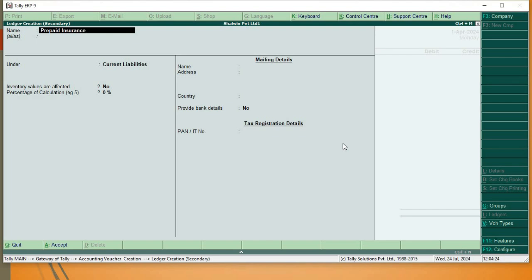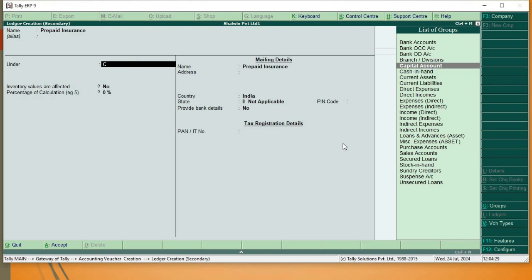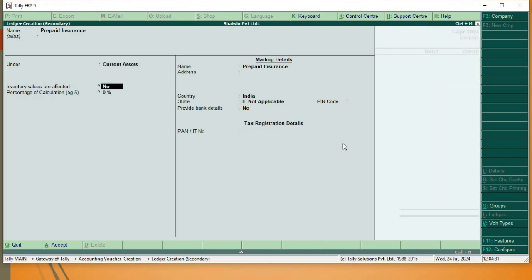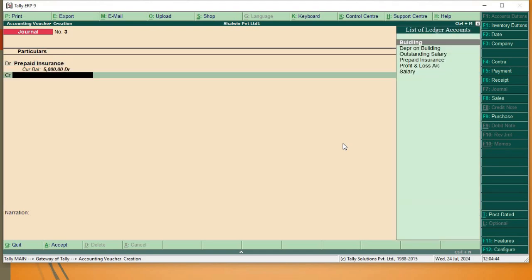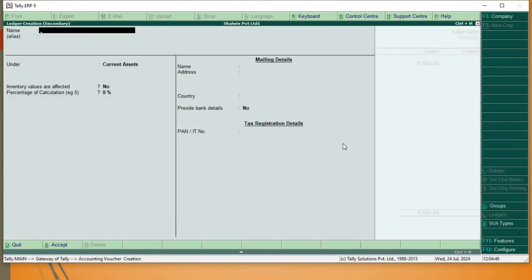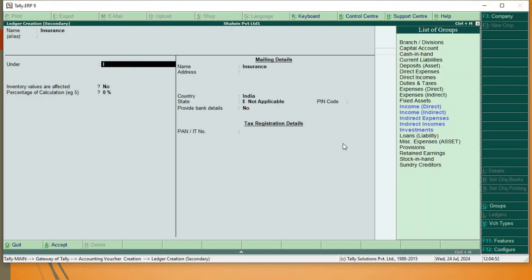Prepaid insurance is under current asset. It is 5,000. And on the credit side, we have insurance. If you already have insurance, no need to create insurance under indirect expense.